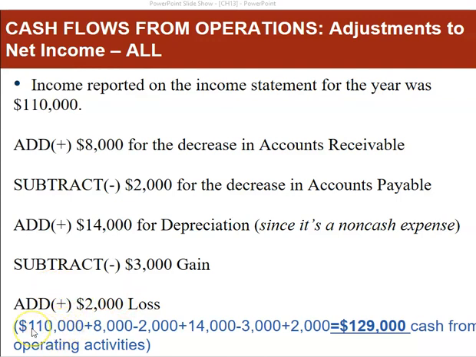So here we have all of these numbers added up together, and we show that even though net income started off at $110,000, our actual cash flow from operating activities is $129,000. All right? Make sure that you go over these slides as many times as you need to get this concept down.